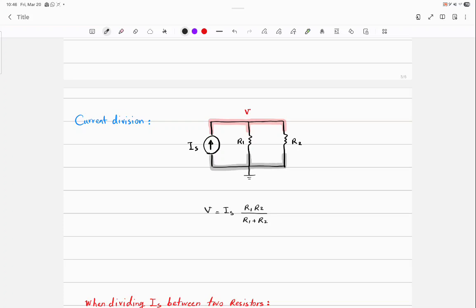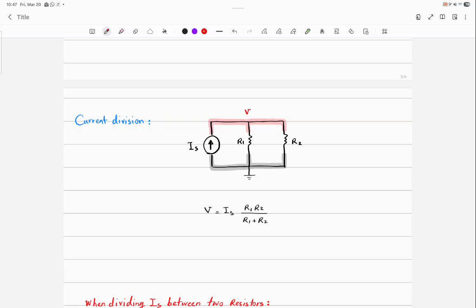It's the parallel of R1 and R2, right? And do you agree that IS is the total current that passes through the combination of those resistors? So what is that law technically? Ohm's law, right? So that is much easier than doing KCL for this specific circuit. Okay, so that is your V.